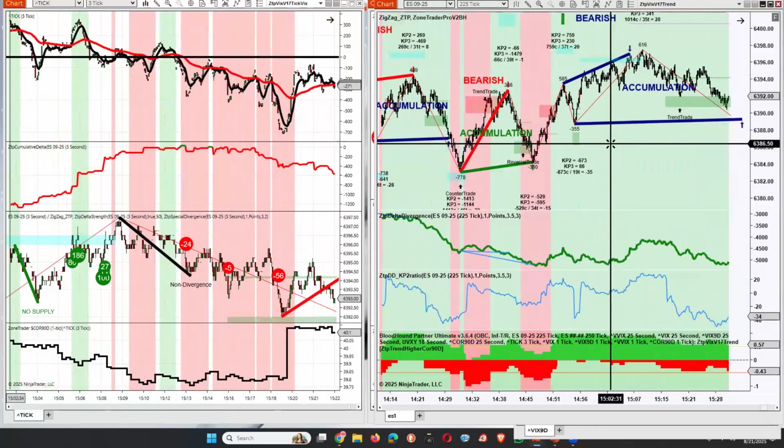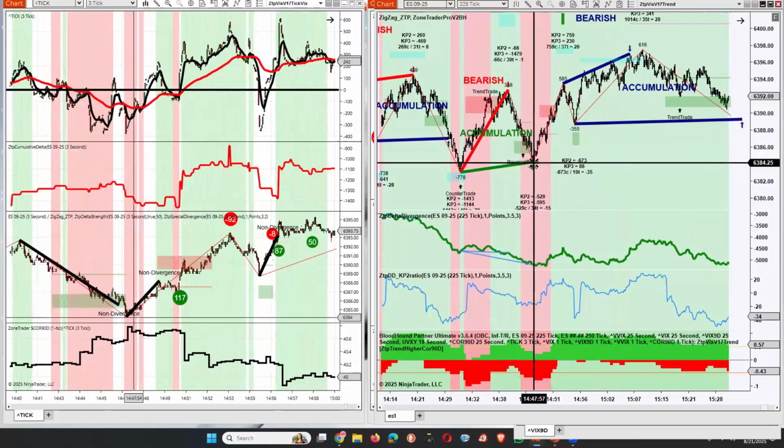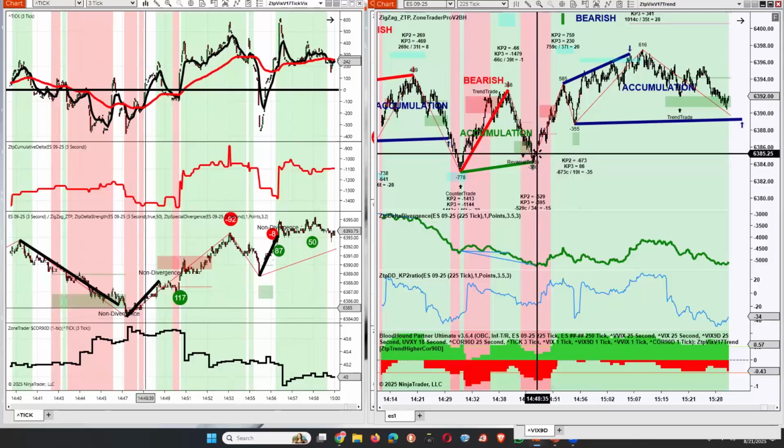That's really the benefit of these charts, to be able to come back and see, well, okay, here was accumulation, divergence. At what point is it safe? Well, right there's your answer.